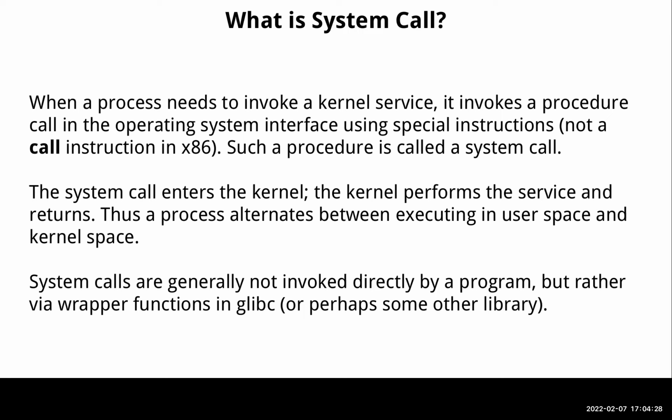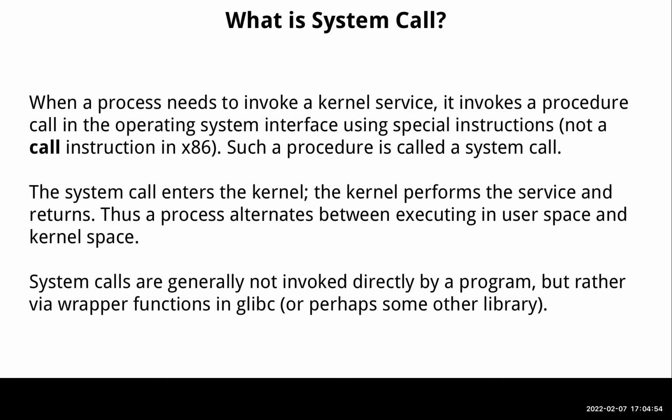In x86, that special instruction is not the call instruction we saw before. Instead, it is the int instruction. Such a procedure is called a system call. The system call will change the CPU's state from user mode to kernel mode, and the kernel performs the service, which means the kernel will run some code.